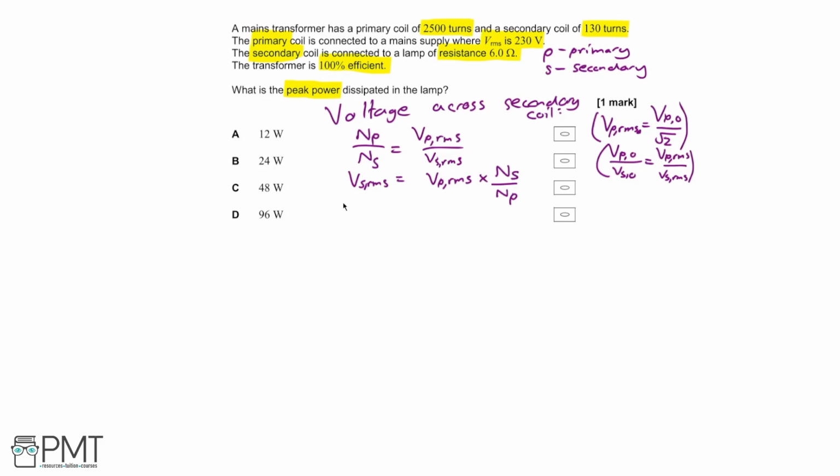From here, we can work out the value of V_S RMS as being equal to V_P RMS, which is 230, multiplied by 130, the number of turns in the secondary coil, divided by the number of turns in the primary coil, N_P.